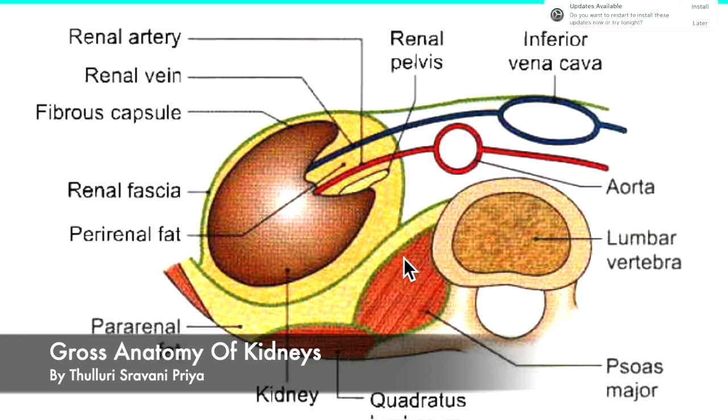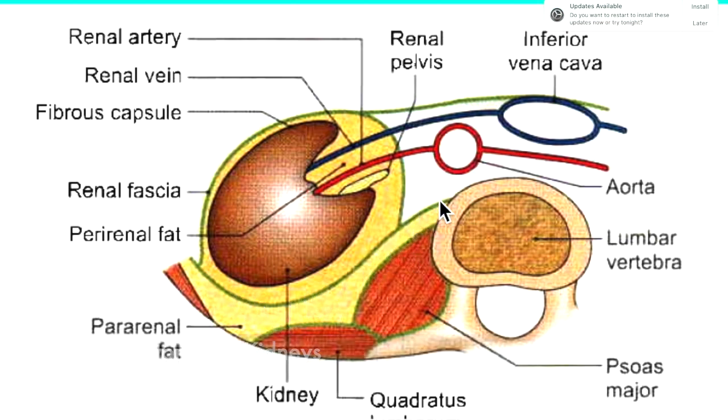The fascia covering the psoas major muscle is known as the iliopsoas fascia. So this posterior layer merges with the thoracolumbar and iliopsoas fascia, and then eventually it is merged with the lumbar vertebra along with its intervertebral discs.